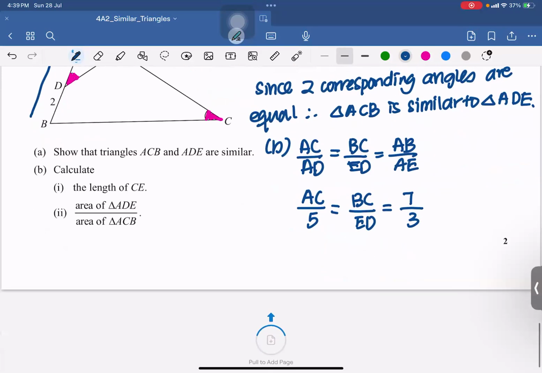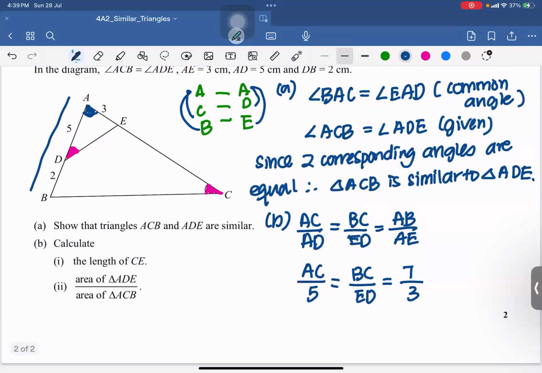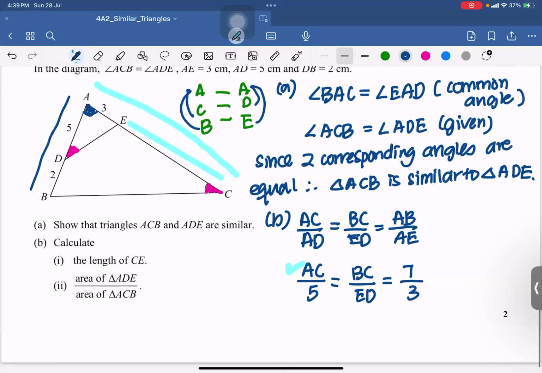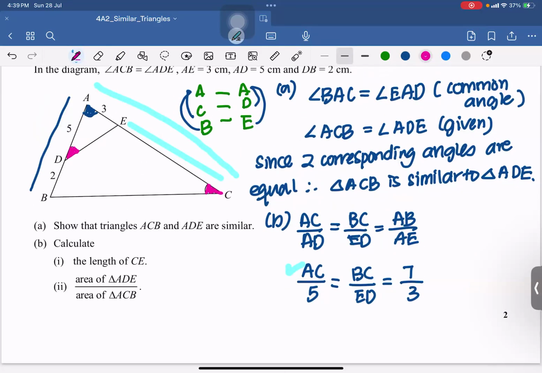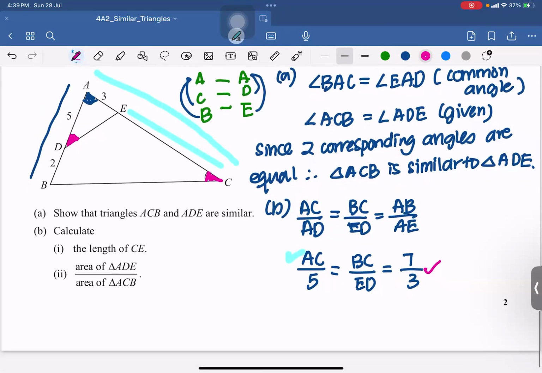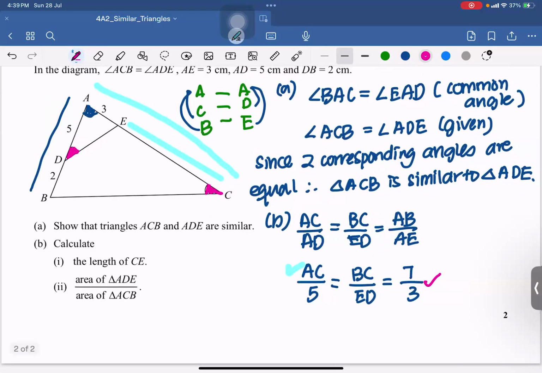So we actually have a pair of sides. Okay, the question asked me to find CE. There's no CE in my expression. Okay, but CE is on the side involving AC. So what can I do? I can probably find AC first. And in this case, I have this matching one over here, this number. So I'm going to use this to find AC.